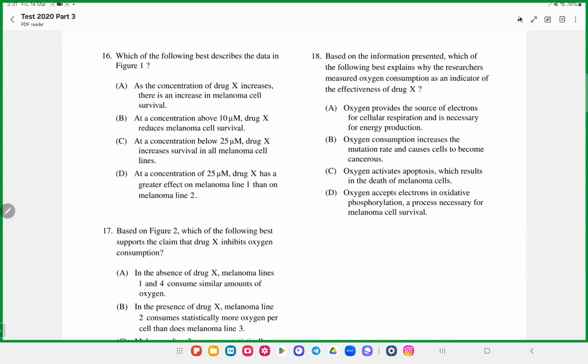So how would you reverse the effect of drug X? Drug X was the drug that they're investigating, and it's able to kill cancer cells. So drug X kills cancer cells. Okay. Good.